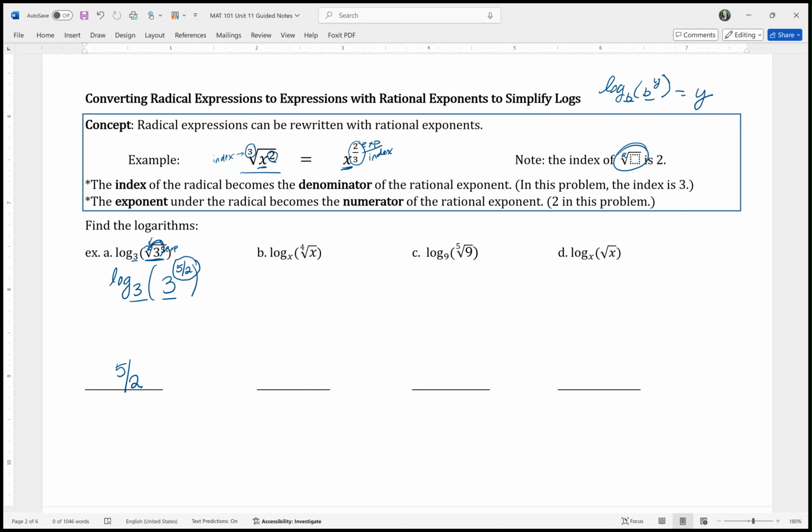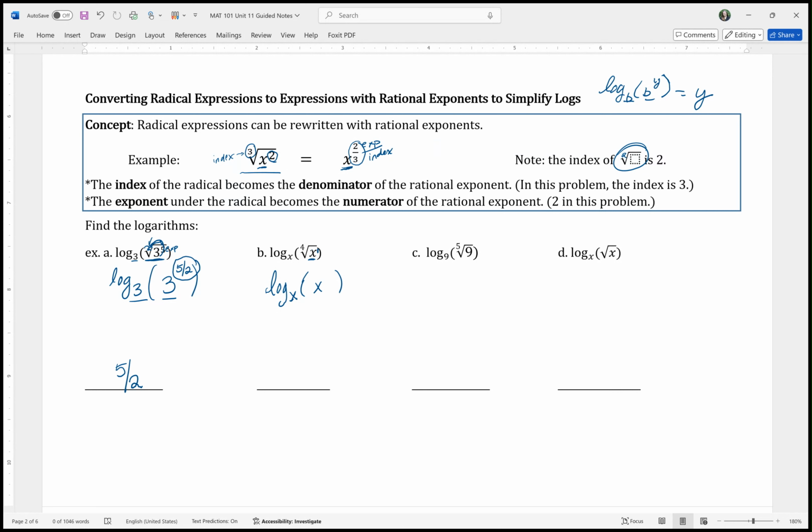Log base x of the fourth root of x. The fourth root of x, yes. So we're going to have this as log base x, and we want our argument to also have x in it. And the thing is, what is our understood exponent for x? Not the root, but the exponent. The exponent is 1, right? Understood 1.